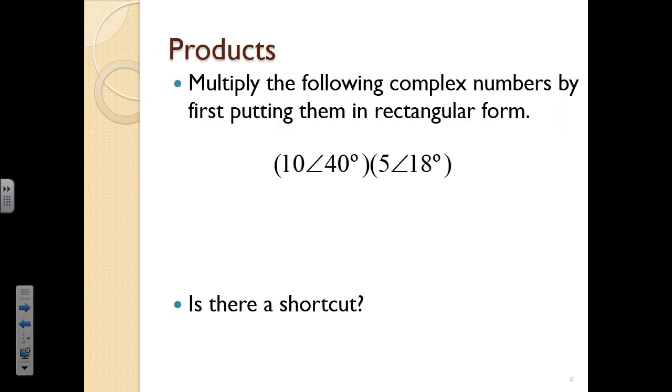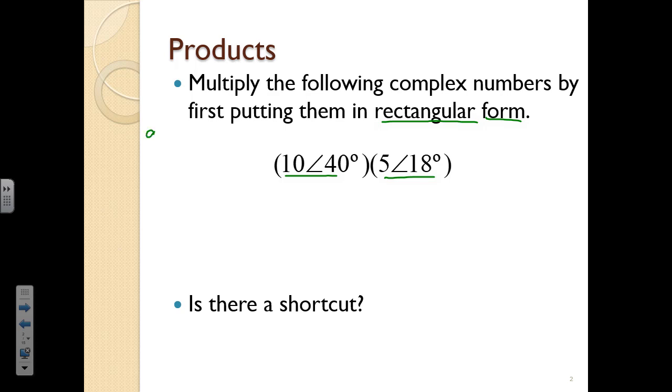First of all, let's take a couple of plain old complex numbers in polar form. That is to say 10 at 40 degrees and 5 at 18 degrees. Let's put these in rectangular form and then we'll multiply them together. So let's start with 10 at 40 degrees.